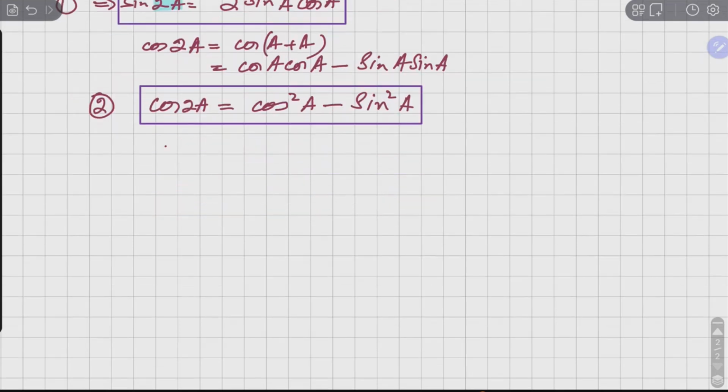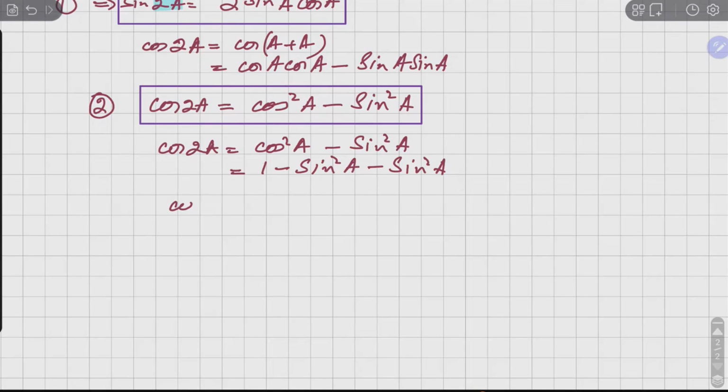Let me write cos of 2a, and if I convert this cos square into sine, then I'll get cos of 2a is equal to 1 minus 2 sine square of a.